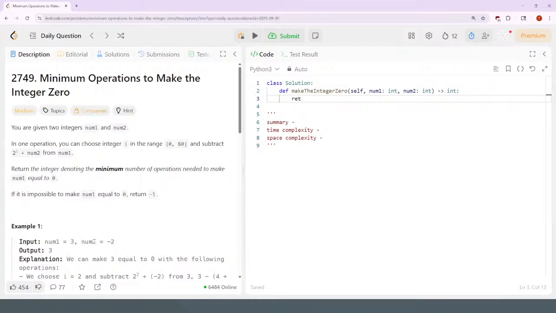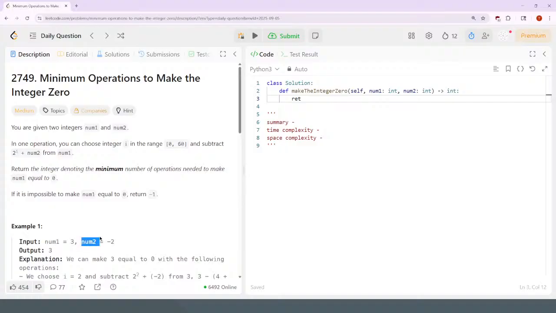So you're trying to make num2 come to 0. Subtract, no, you're trying to make num1 become 0. 2^i plus num2.